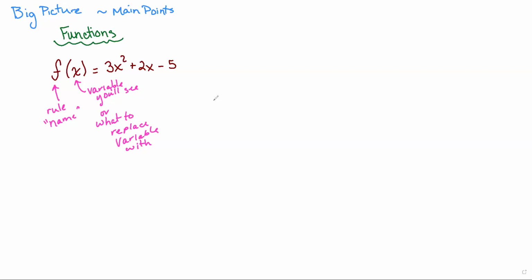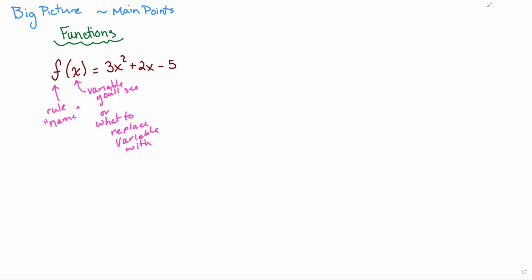So when I have functions, I cannot solve a function because I don't have two sides of an equation. I have a name and a definition and a rule that I'm going to be following. But to be able to solve it, I would have to go back to the y equals, or I would have to have it saying it's equal to something else. So functions we can simplify, we can combine, we can evaluate, meaning we can plug in a value and go from there.